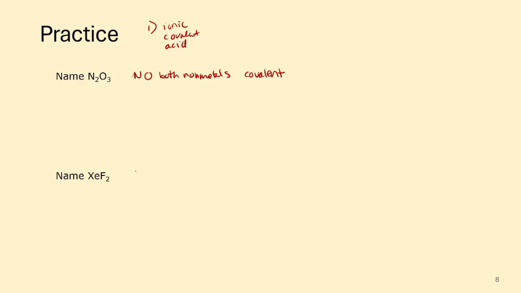Down here, I see xenon and fluorine are both nonmetals. So this is covalent also. And when I'm doing covalent, I put the element name and I put the prefix for its subscript in front.